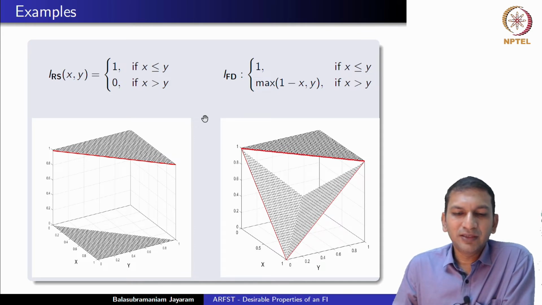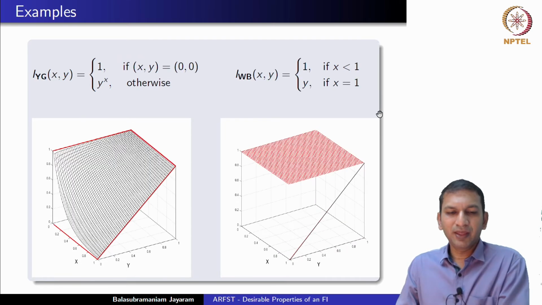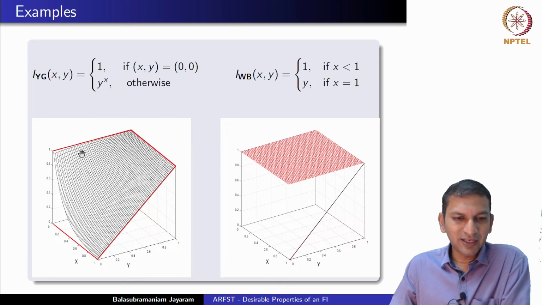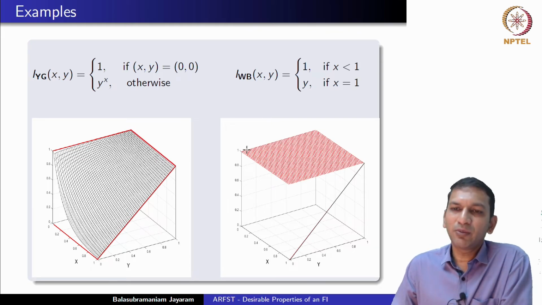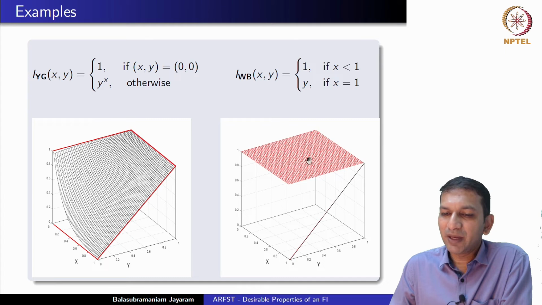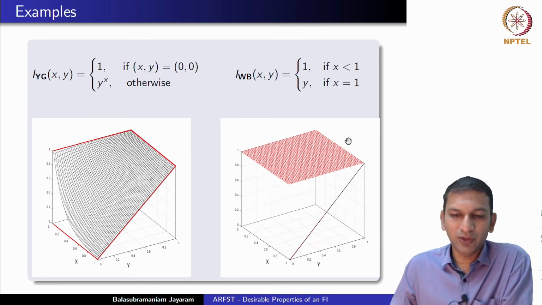For the moment, these two fuzzy implications on your screen, which are the Rescher and the Fodor implication, both of them have the ordering property. Yager clearly does not have the ordering property. Weber also does not have the ordering property, but Weber has the identity principle. That means at x equal to y, it is actually equal to 1.